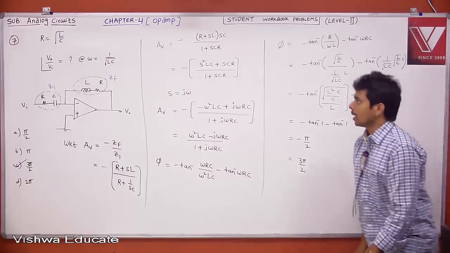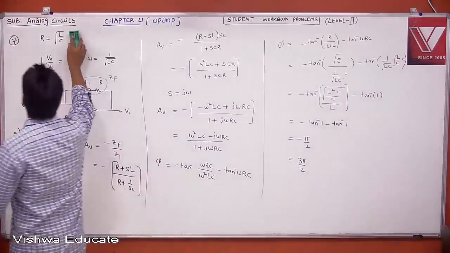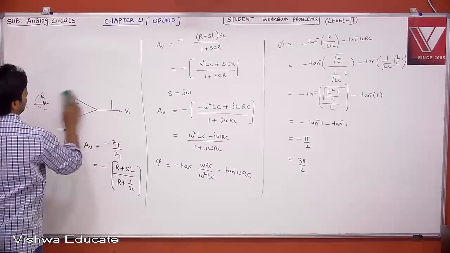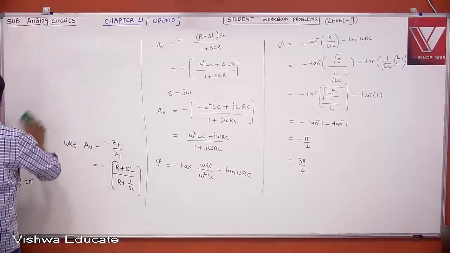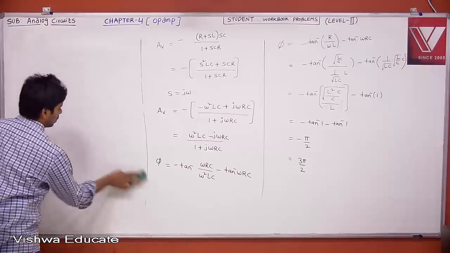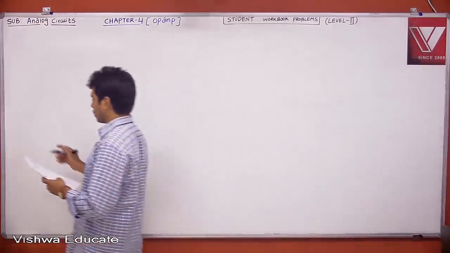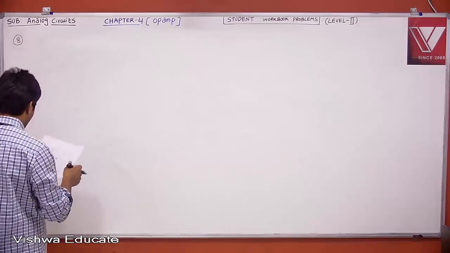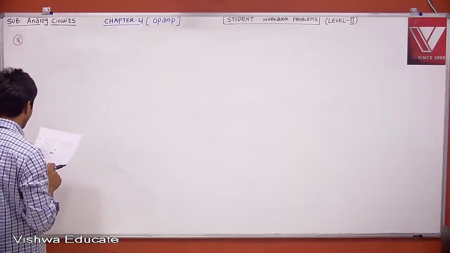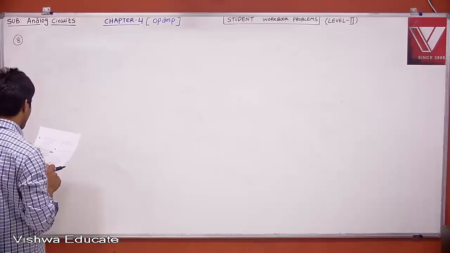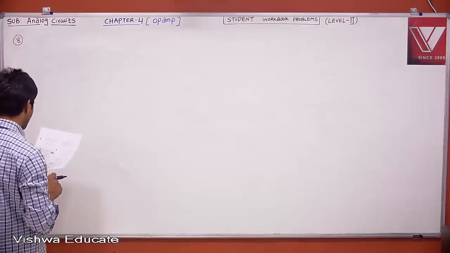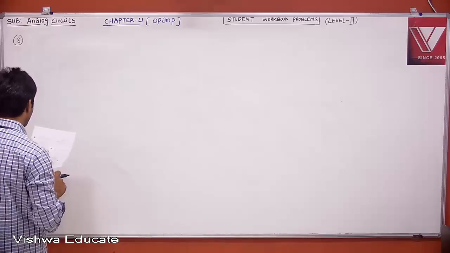Done? Problem number 8. An op-amp has an offset of 1 millivolt and is ideal in all other aspects. If this op-amp is used in the circuit shown below, the output voltage will be.